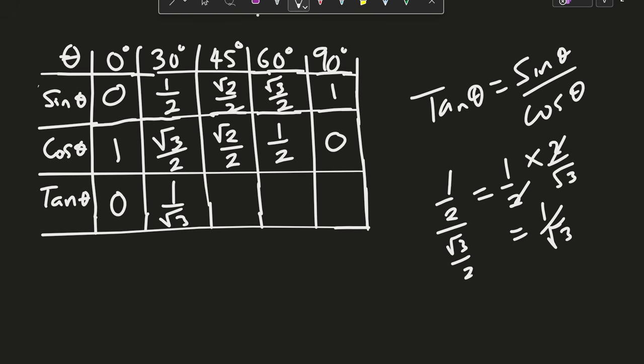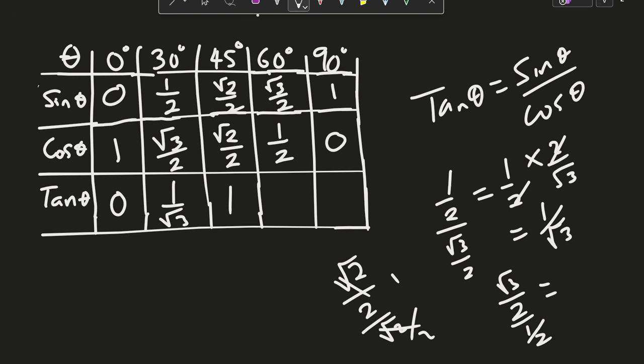And then you continue for 45. We go down: root 2 over 2 divided by root 2 over 2. We automatically know that this is 1. Then we have root 3 over 2 divided by 1 over 2.